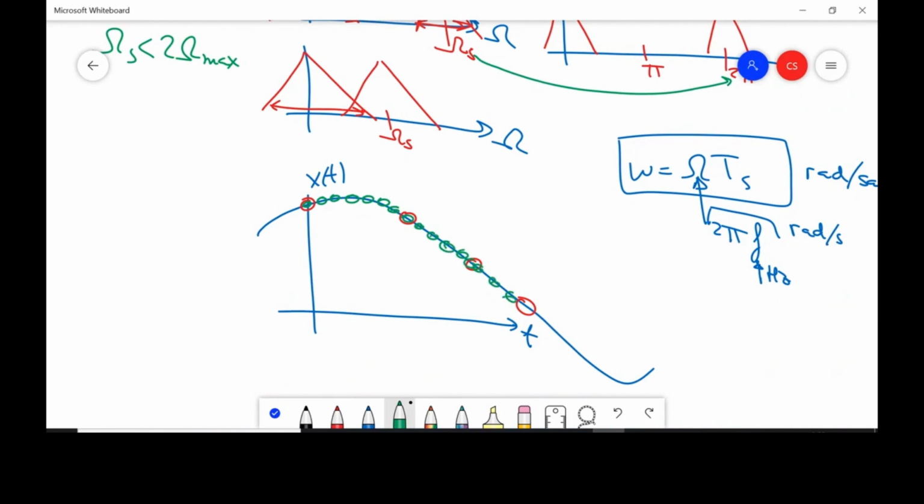Which of the two signals seems to be faster or slower in terms of discrete signal? The green one or the red one? Which one is varying more smoothly? The green one. The green one is varying very slowly. That is the slowest.